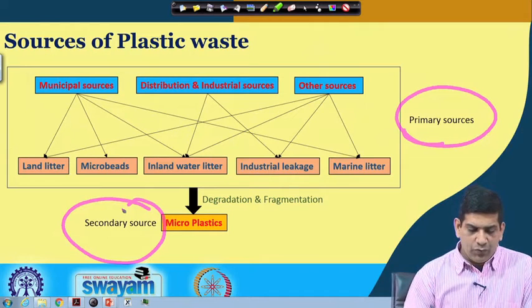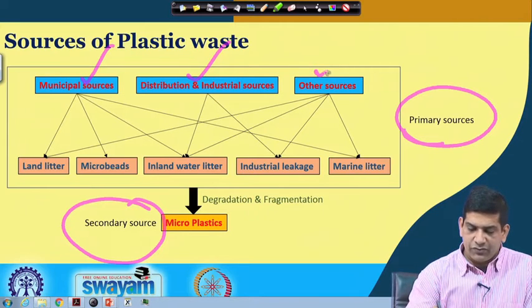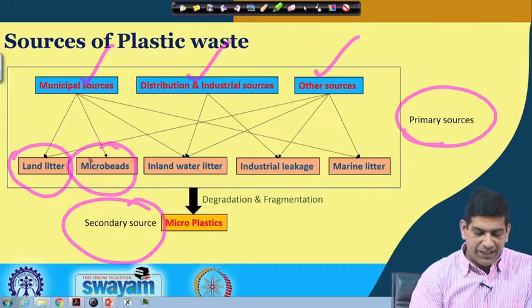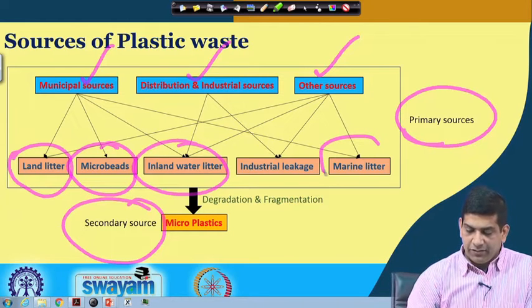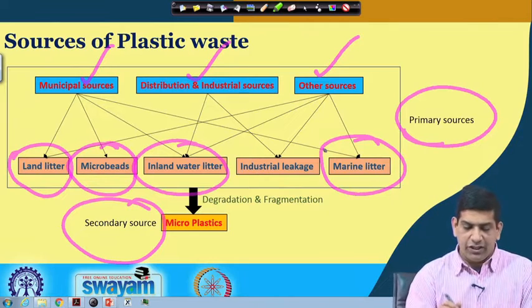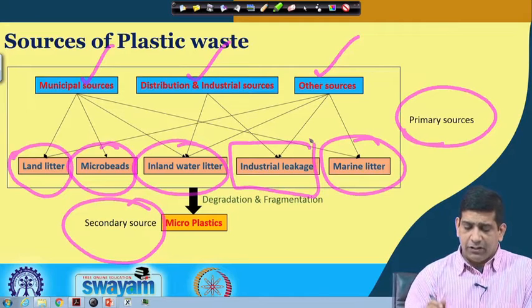From the primary source, we already talked about municipal source, distribution and industrial source, and other sources just now in the previous slide. From the municipal source, it leads to land litter. You will also have some microbeads. You can have some inland water litter. You can have some marine litter. So all these things are possible from your municipal sources. From distribution and industrial sources, again you can have some inland litter and industrial leakages. From other sources, basically pretty much everything is possible.